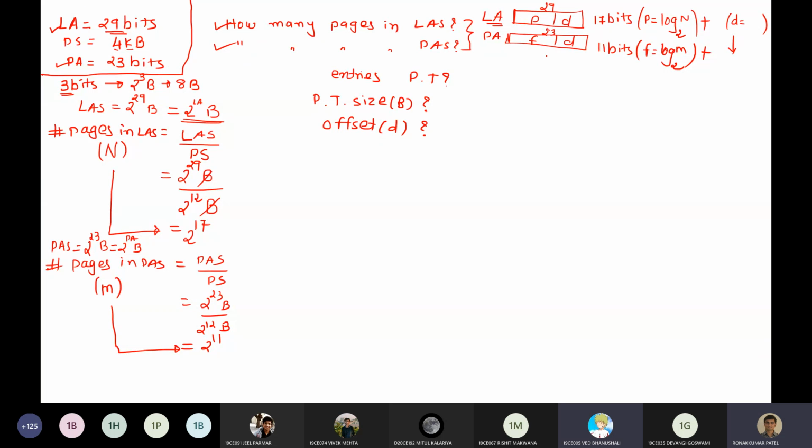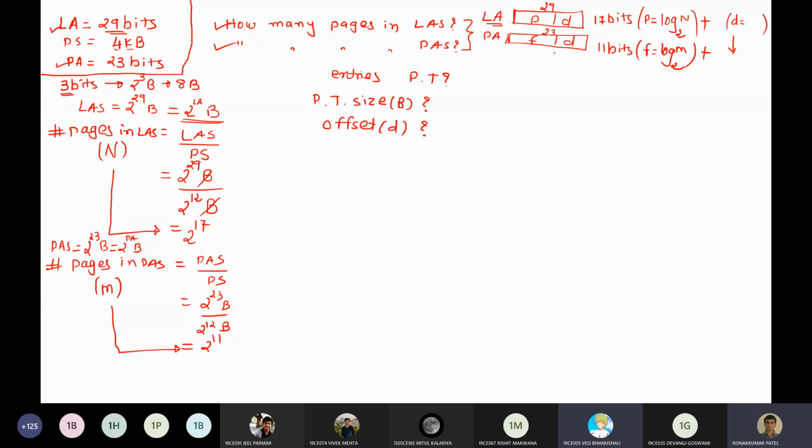Number of bits required to address the number of blocks in the pages. Not blocks, and not address. What is there in one page?